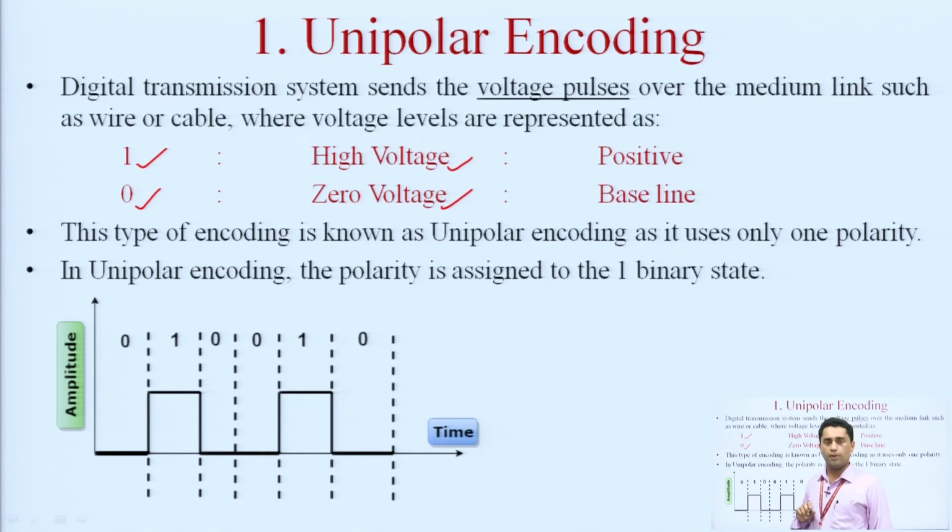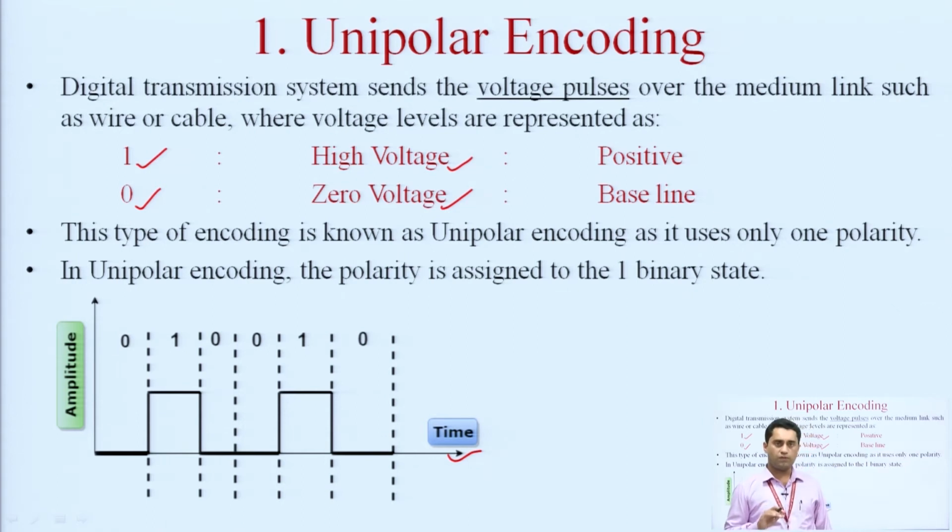If I am talking about a signal, we can represent this with a baseline. This is my baseline, the x-axis, and above the x-axis I am representing 1 and on the x-axis I am representing 0, not below. So, this is the example of unipolar.